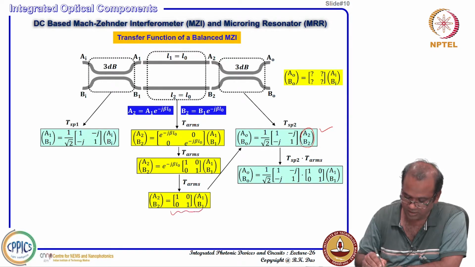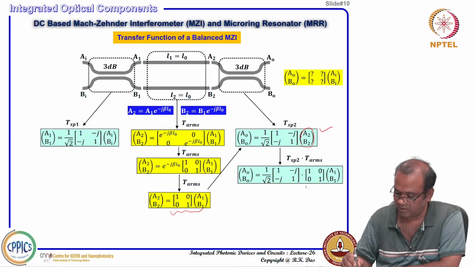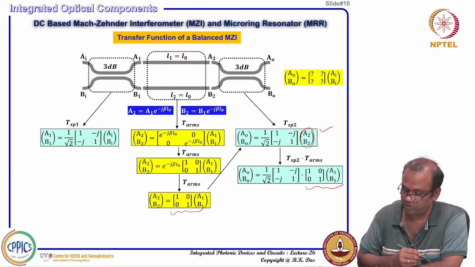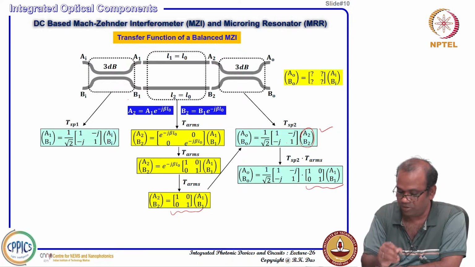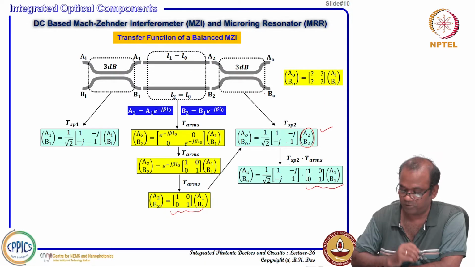Instead of A2, B2 I can write this one. So, if you multiply TSP2 and T arms, I can relate A1, B1. If we know A1, B1, then I know what A0, B0 is.